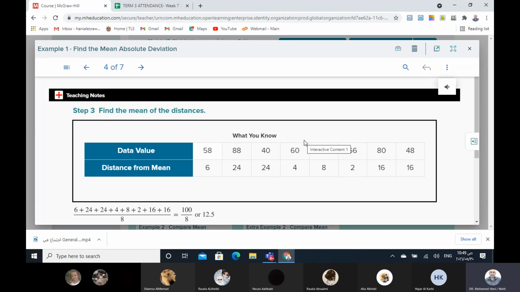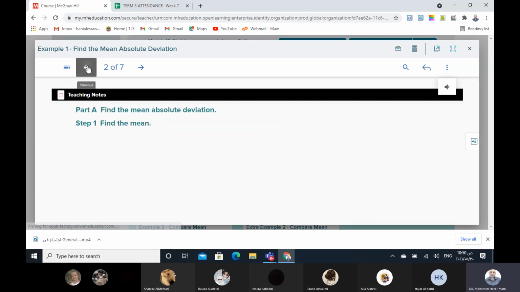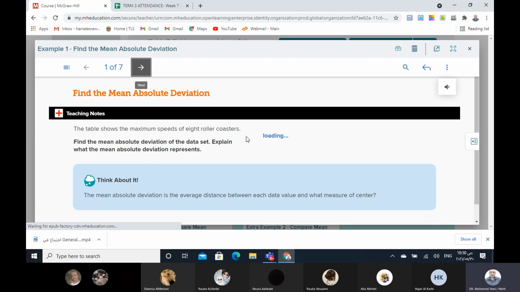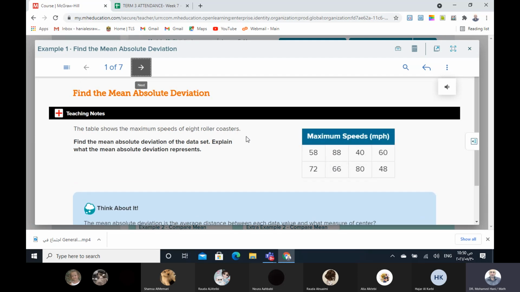The range is the difference between the biggest value and the smallest value inside the data. The interquartile range means the difference between the third quartile and the first quartile. Today, the third measure of variation will be mean absolute deviation.